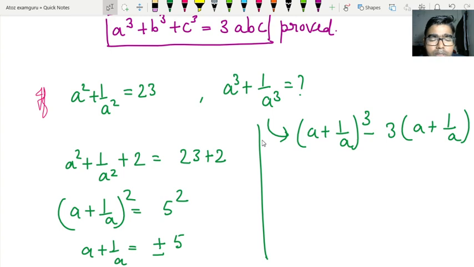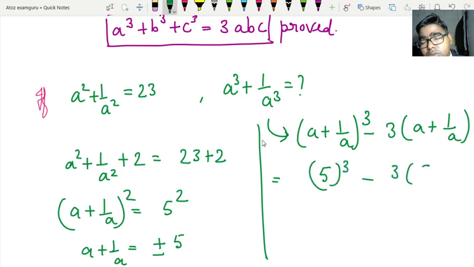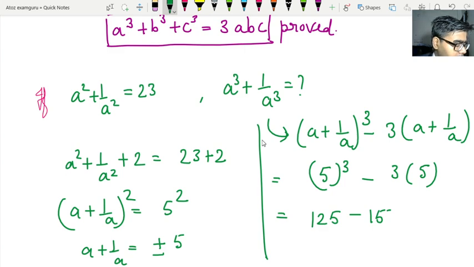If you put the value in place of this, we will get plus 5 whole cube minus 3 into 5, which will give you 125 minus 15. Right friends, this will give you 110. And similarly, if you put the negative value, then you will get minus 110.